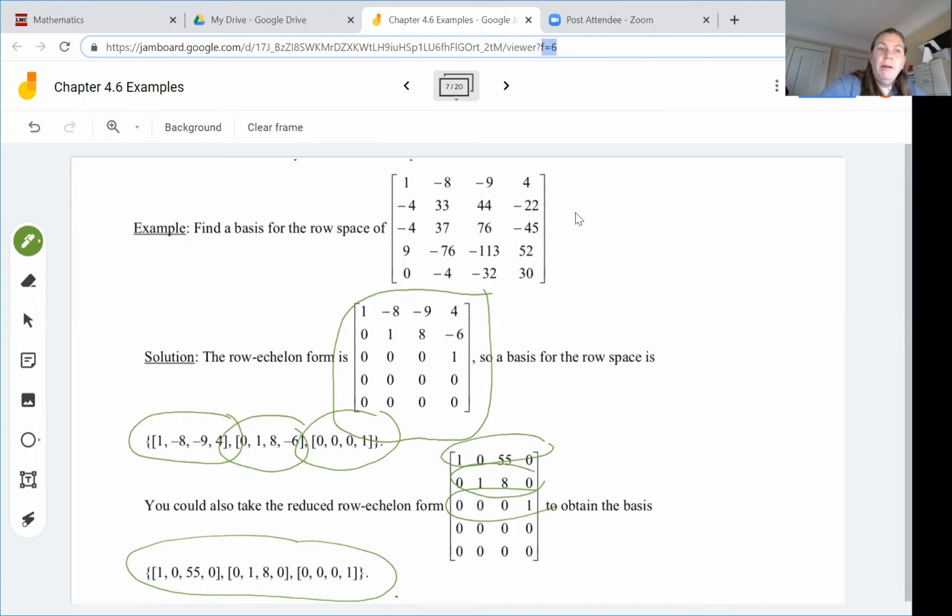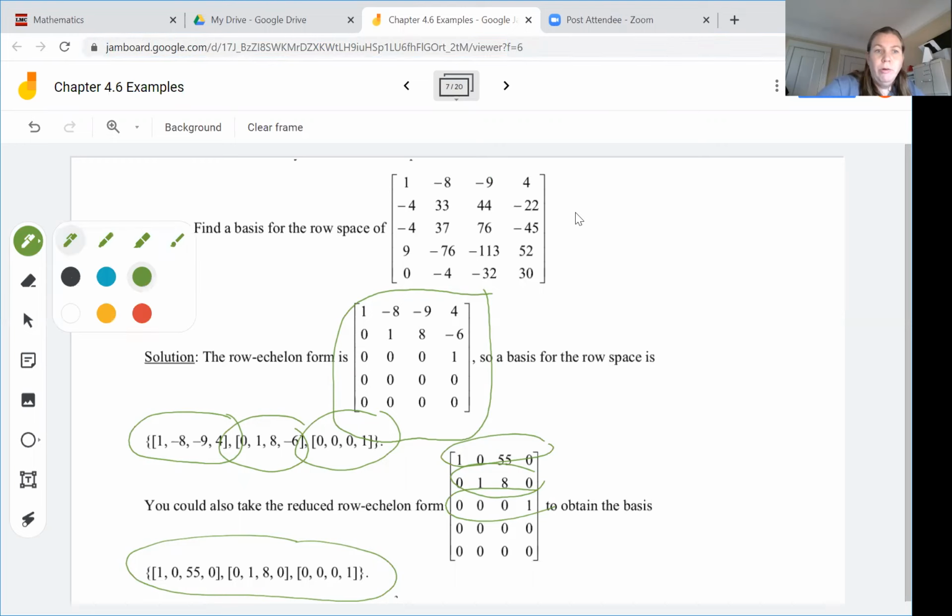So if you're eyeballing the difference between these two matrices, in our reduced row echelon form matrix, columns 2 and 4 have zeros because those are columns with leading 1s. That's the main significant difference when we go to reduced row echelon form.